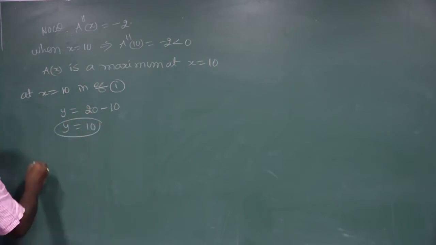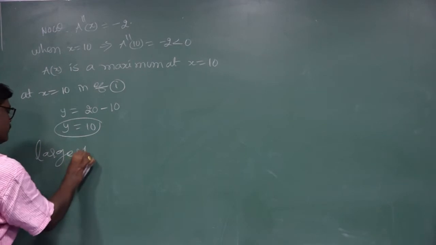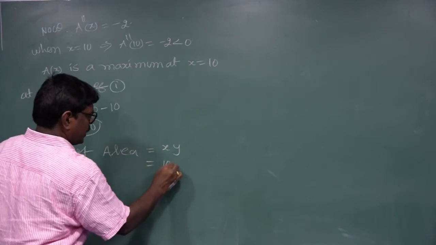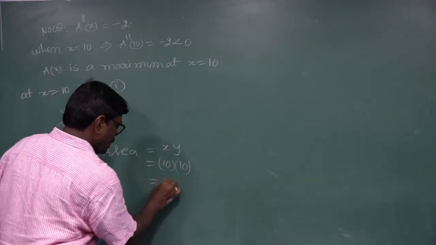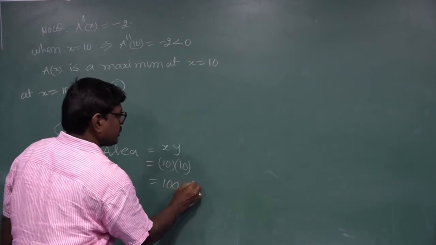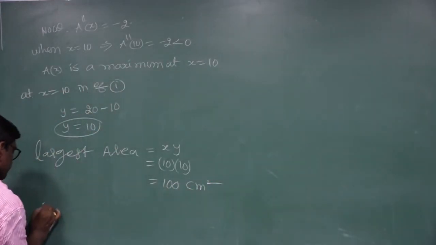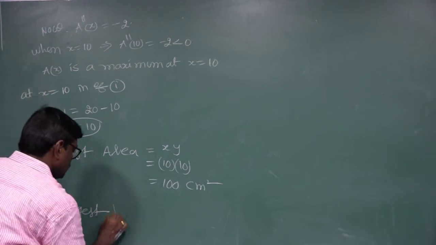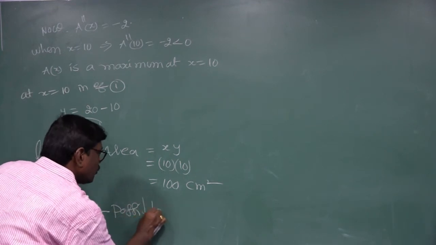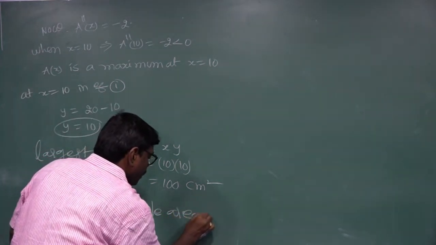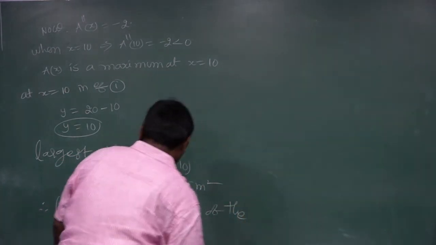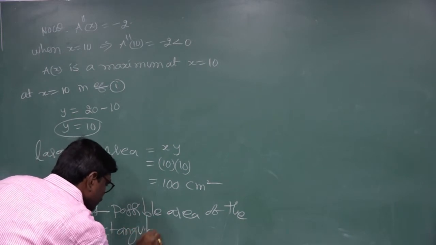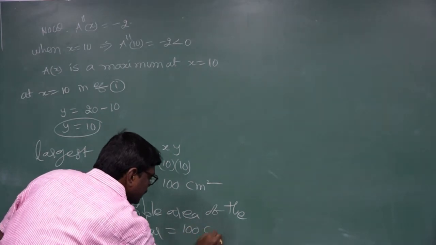The largest area equals x times y, 10 into 10 equals 100 centimeters square. Therefore, the largest possible area of the rectangle is equal to 100 centimeters square.